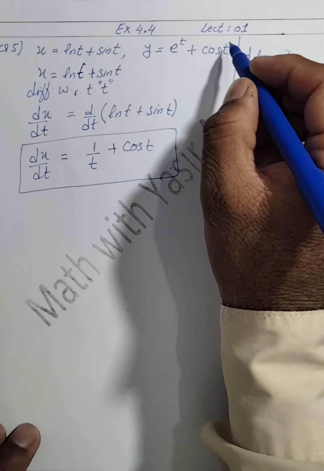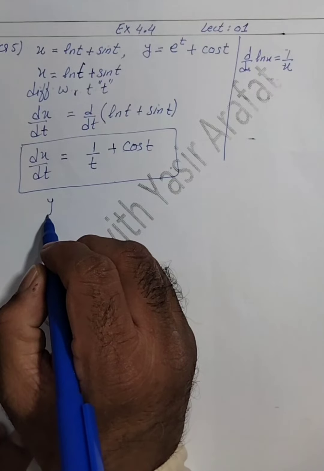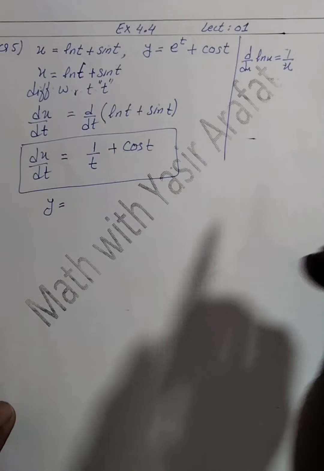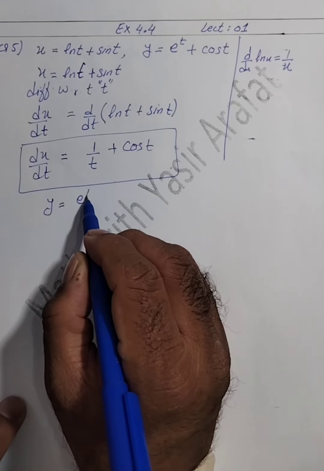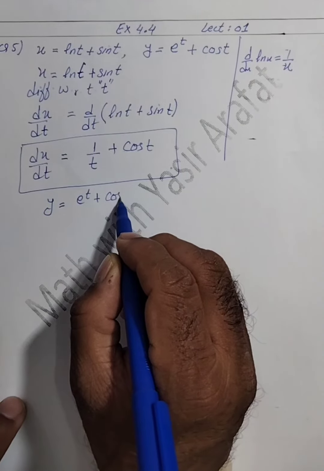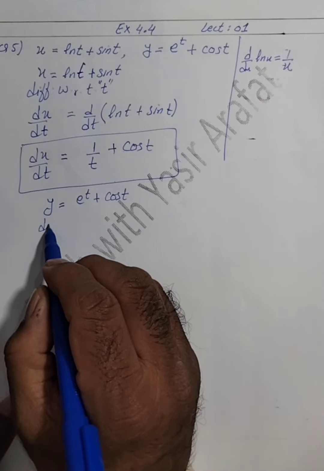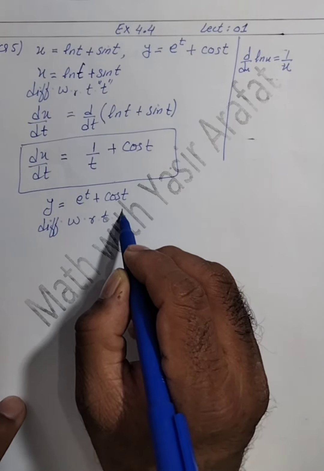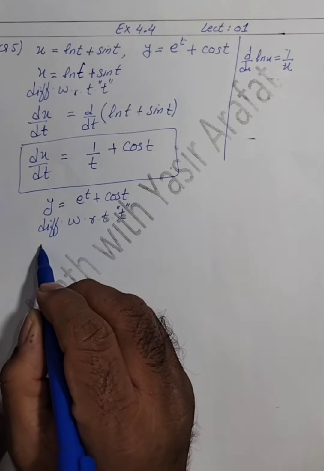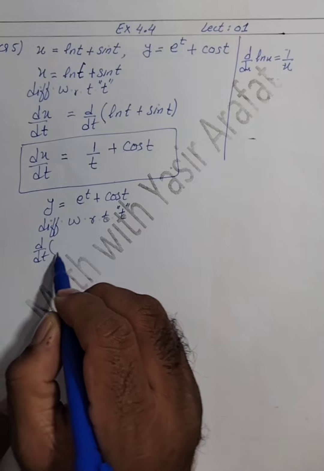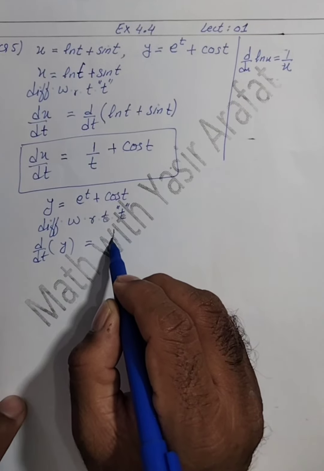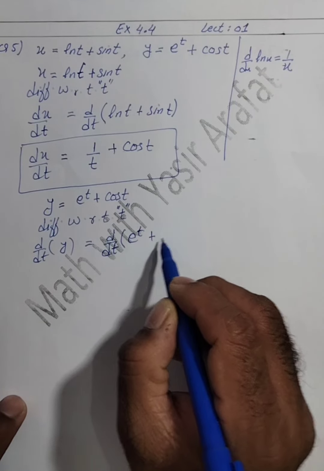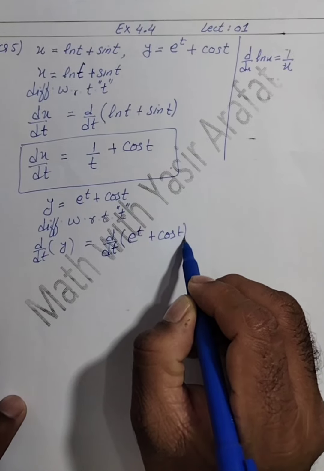Now take the other equation here, that is y equals e to the t plus cos t, differentiate with respect to t. Apply the operator d over dt on both sides. So this is e to the t plus cos of t.